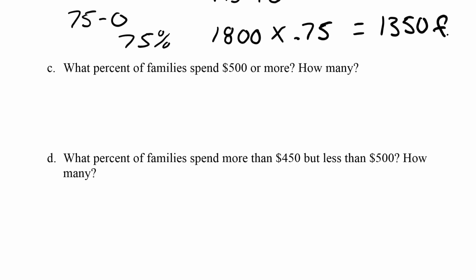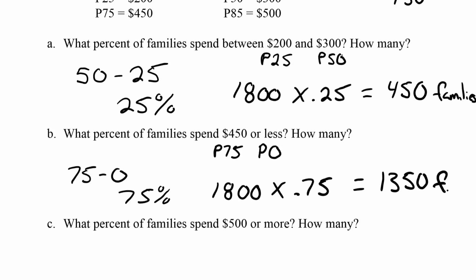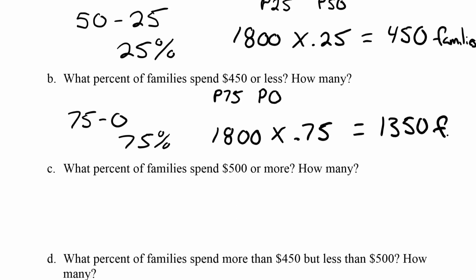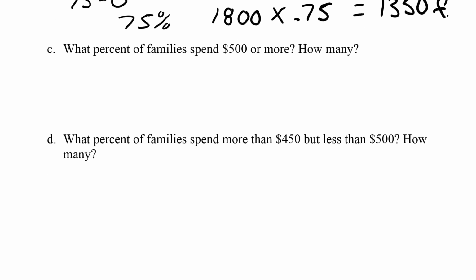Question C and question D. Now I've lost my percentages, but we'll be sliding up to find them. What percentage of families spend 500 or more? So we go up to 500. 500 is p of 85. So this is p85. And then the same idea here, our second number is from "or more."